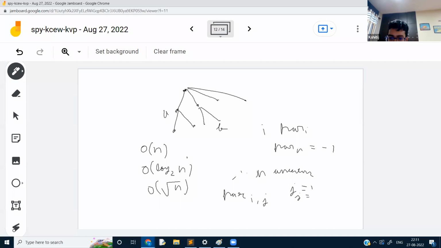We calculate this value for j equal to 1, 2, 4, and all powers of 2, 2 to the power k, where 2 to the power k is at most n. It turns out that if there are n nodes, we can calculate this using n log n time. I will show how. This technique is called binary lifting.